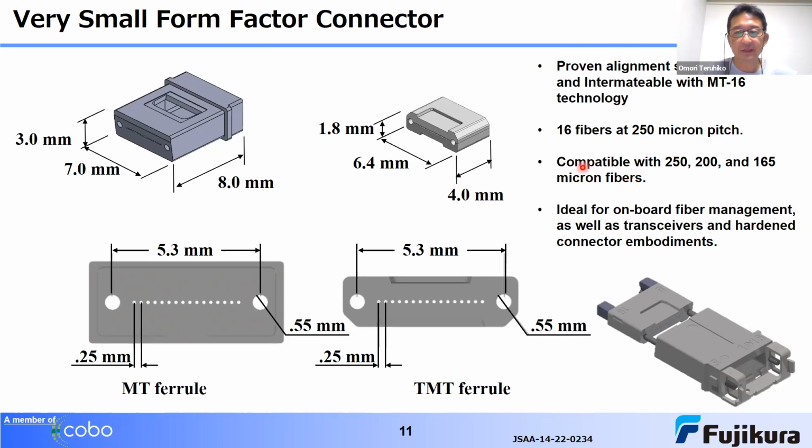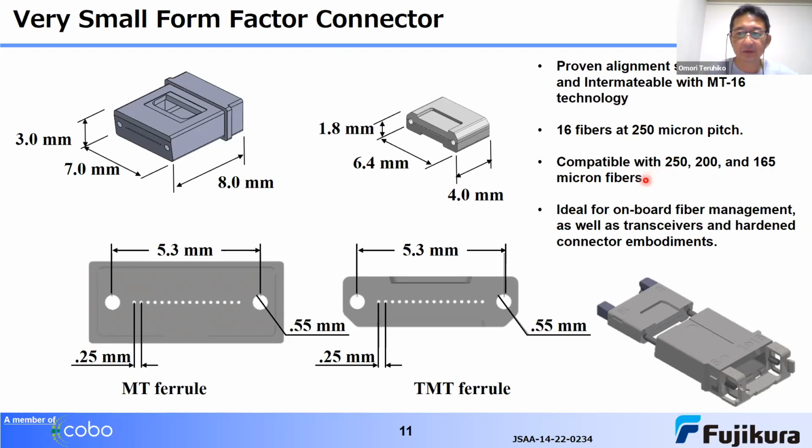And this is the strong point of key features. TMT ferrule is compatible with 250 micron and 200 micron and 165 micron fibers. Of course, the 165 micron fiber has 80 micron clad fiber.